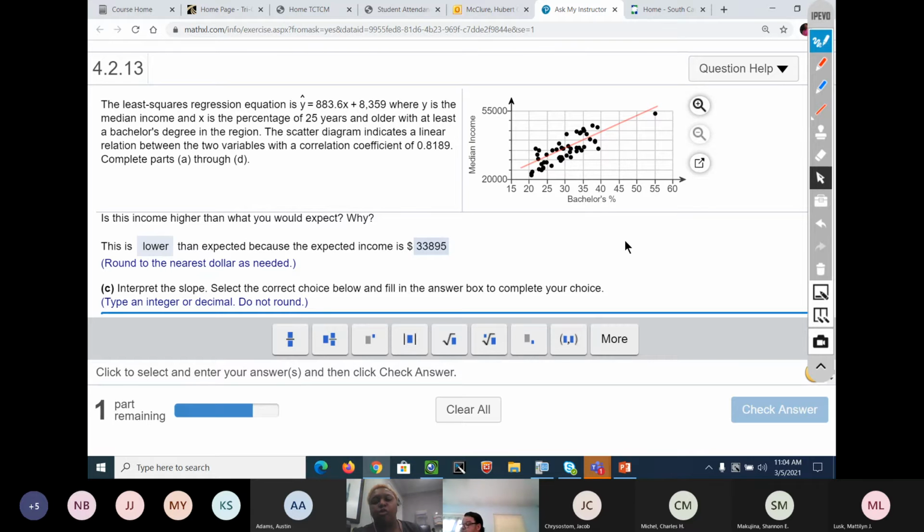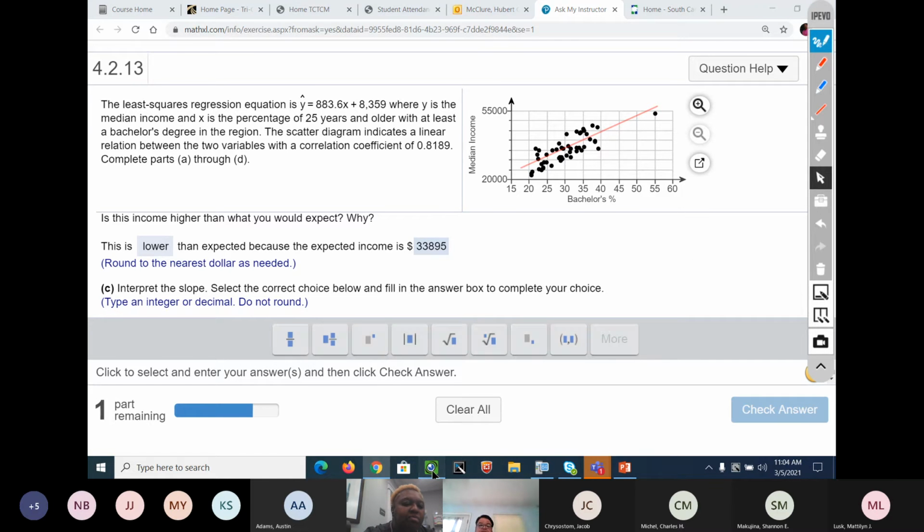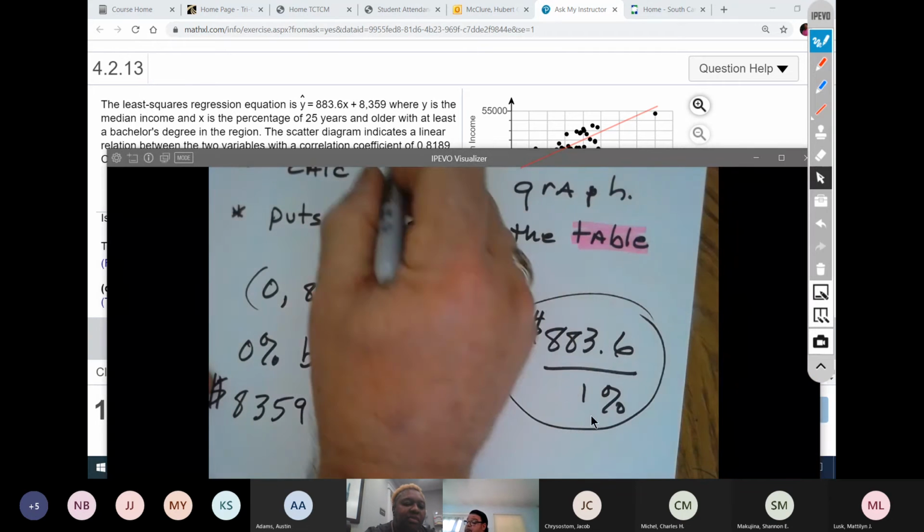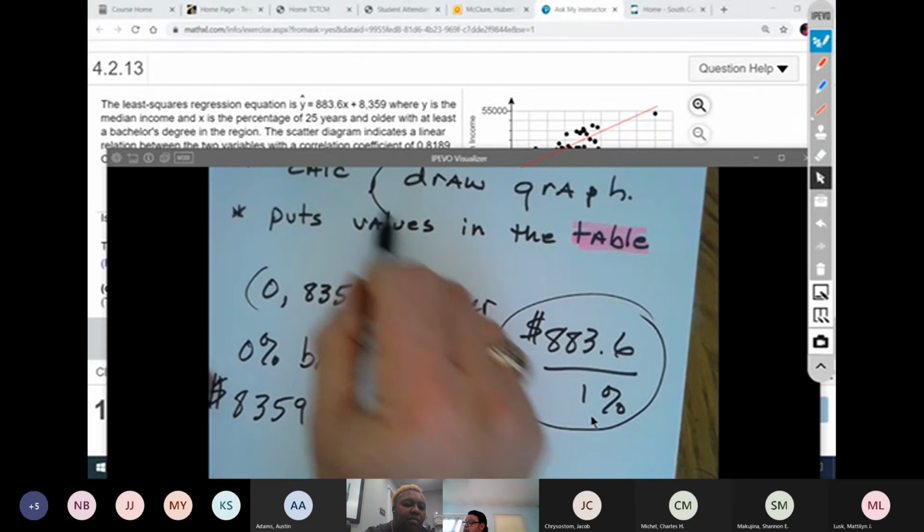So that means per 1% increase, you increase by 883 what? For each percent you increase, you go up $883.60. That's what the slope means.